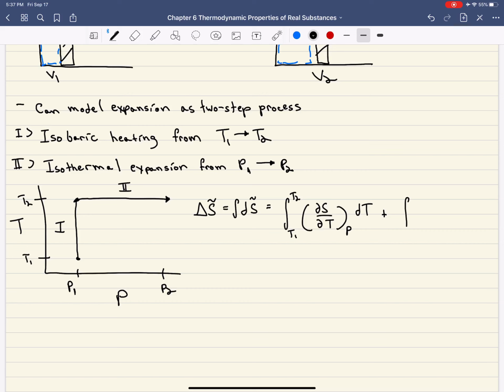And then we would look at how the entropy changes as a function of pressure while holding temperature constant as we go from pressure 1 to pressure 2.